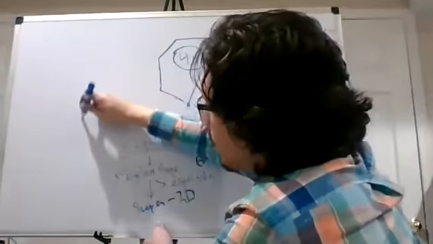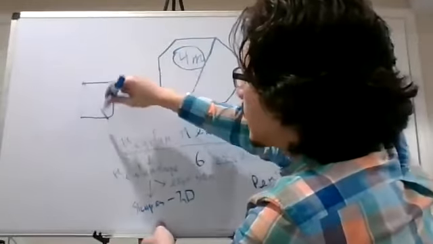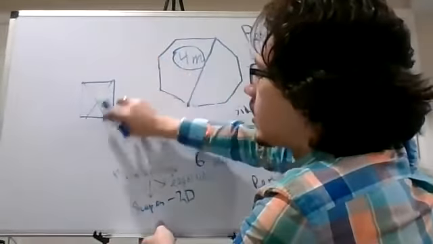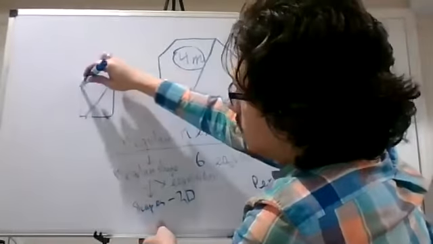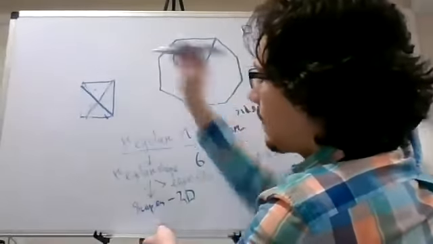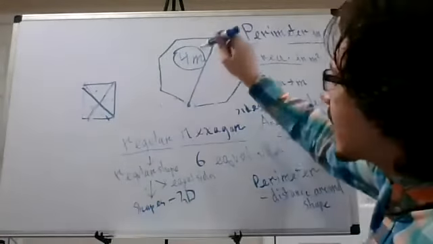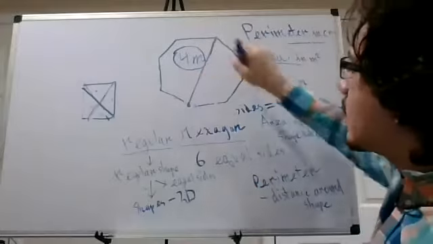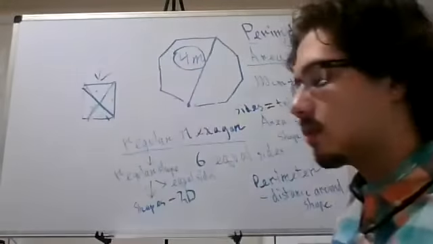So earlier, when we had a square, because a square has 4 sides, we were able to break it into 4 different triangles like this. 1, 2, 3, 4. So on your paper, could you draw a hexagon and break it into 6 triangles, similarly to how we did this?